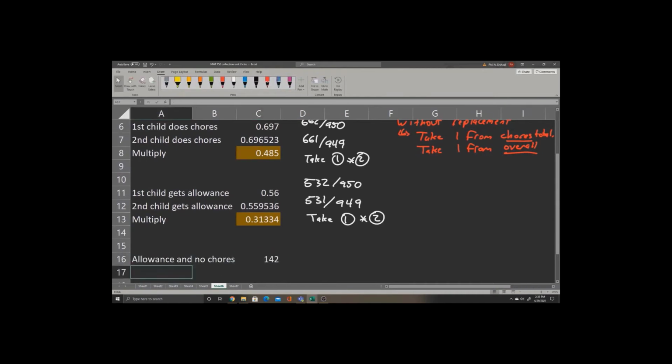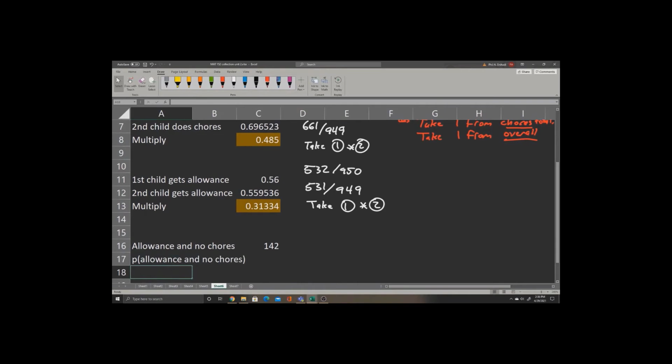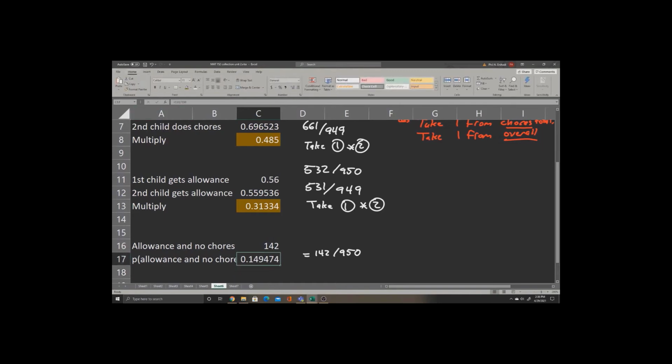Now we calculate the probability of having an allowance and no chores. Remember, to find the probability, we take our 142 that we read off the table and divide by the overall total. So we'll divide by 950. This will give us a probability of 0.149474. Again, we can reduce the decimals by clicking decrease decimal.